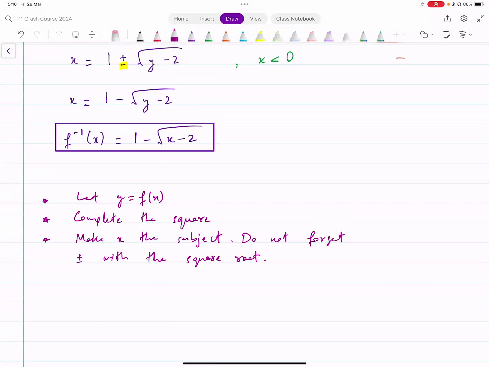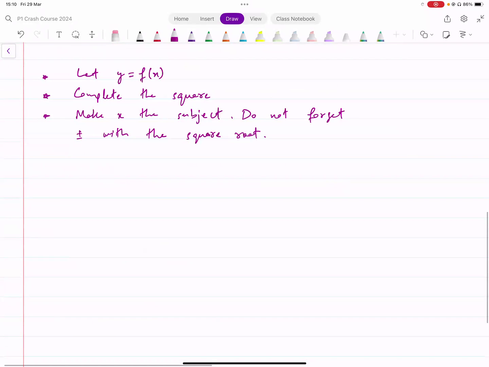So in this case, we said it should have been a negative sign, a minus sign, because that is what can give us x less than 0. Okay, so what's the last thing you do?